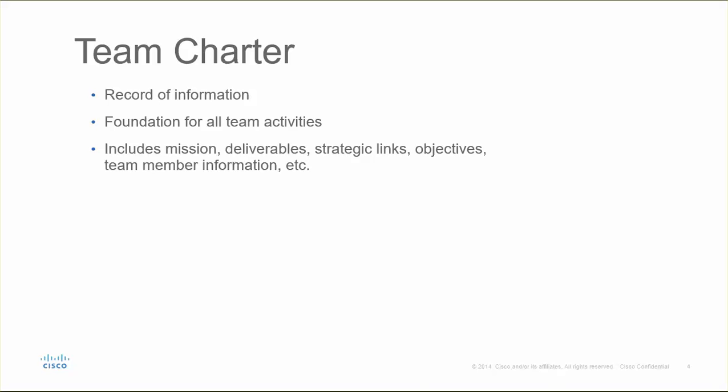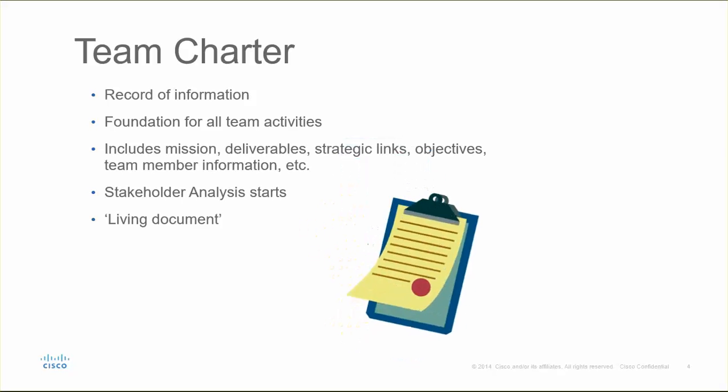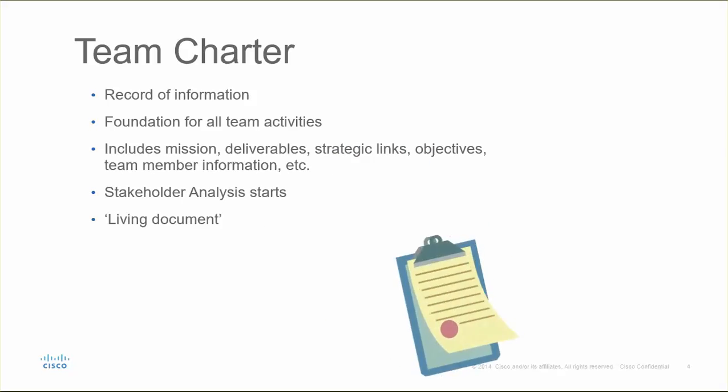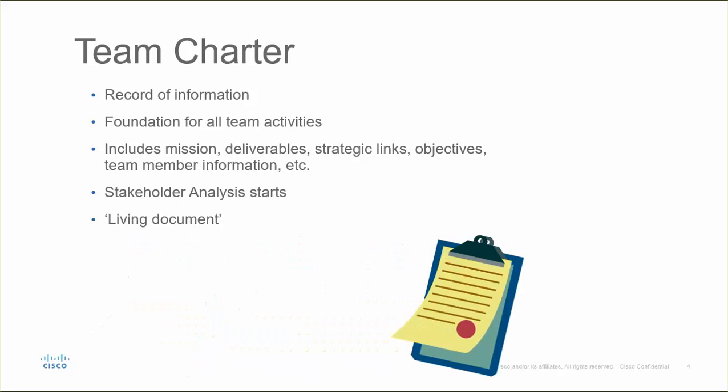The team charter also lists the team members and their roles, states the team's purpose, resources available, range and boundaries of the project, and review mechanisms. This is also where you start to identify and plan your communication with your stakeholders. The team charter is a living document and should be updated to reflect changes as they occur.